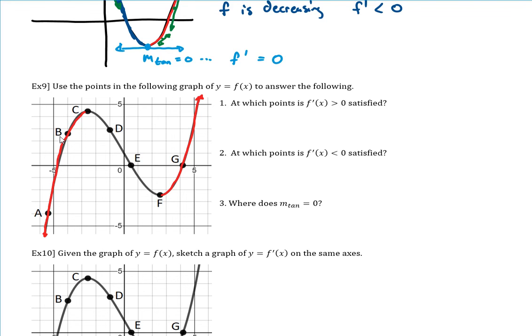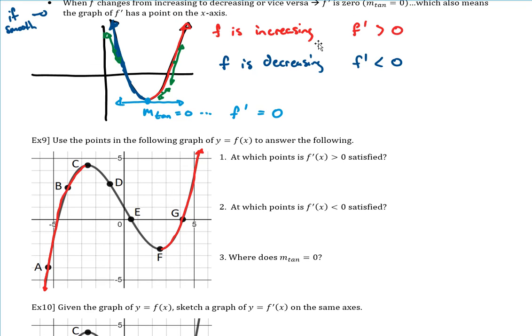So where f is increasing, f prime is greater than 0, and they just used a different notation here. Any points on these red parts are where it is greater than 0, but not at the peaks, because we have another piece of information on that, which we'll take on very soon.